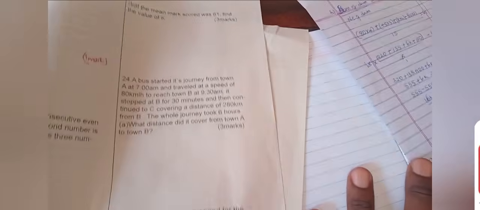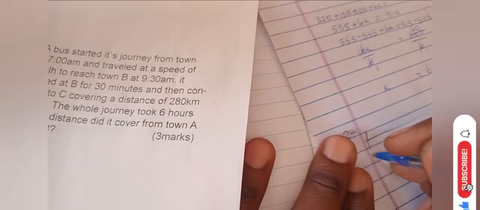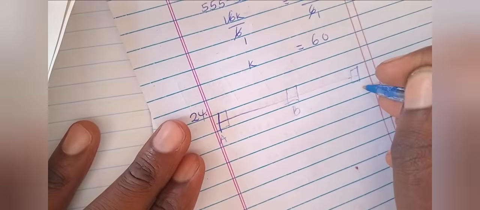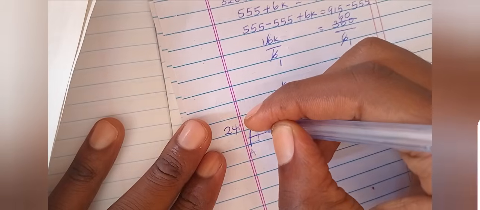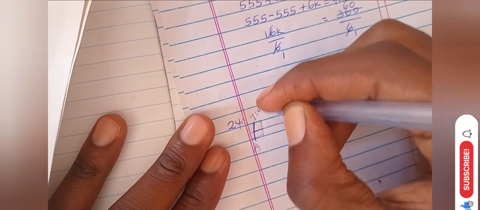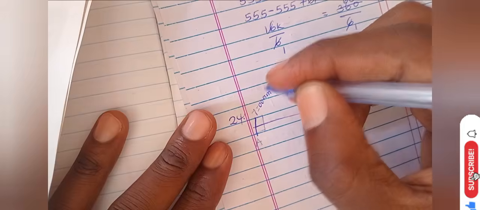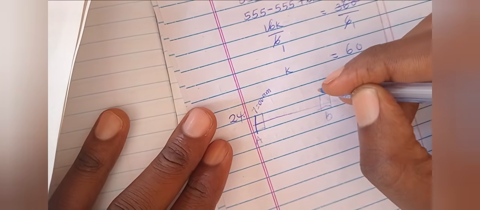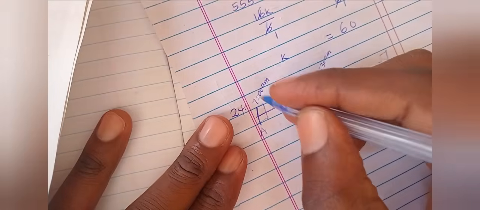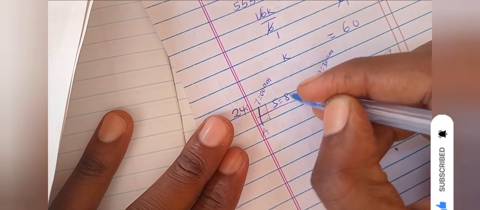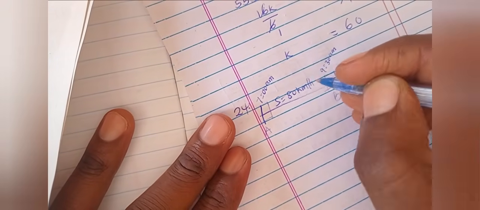If I can have a simple sketch of the 3 towns here, this is town A, this is town B, and this is town C. The bus started from town A at 7 a.m. and it reached town B at 9:30 a.m. The speed was 80 kilometers per hour.